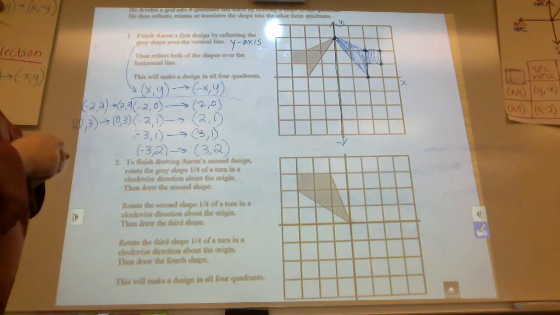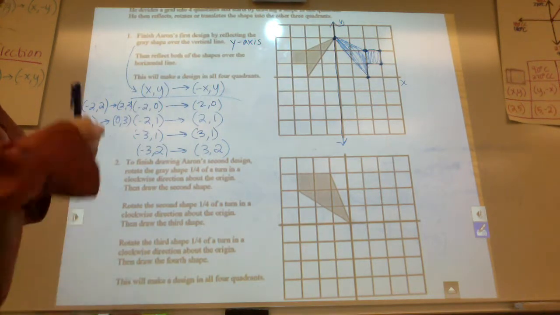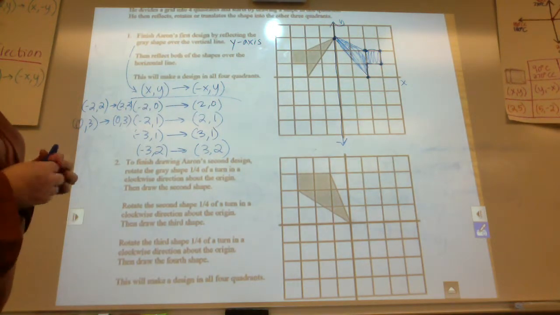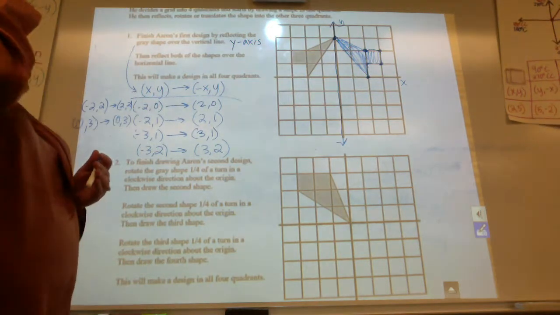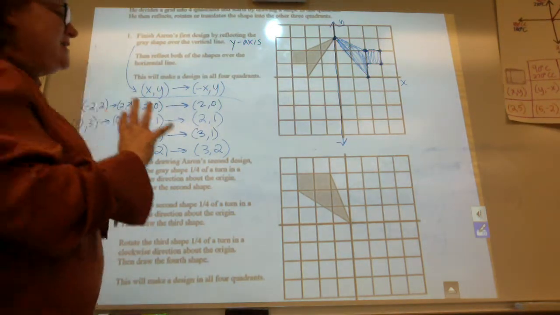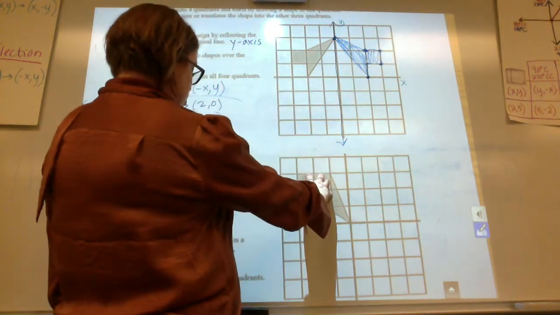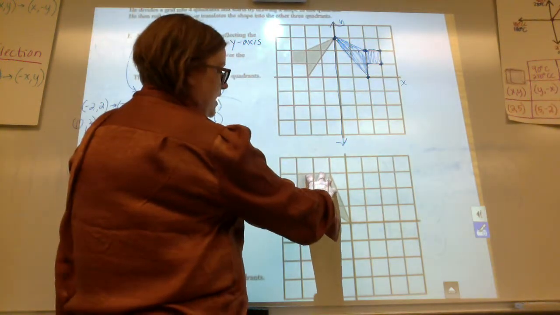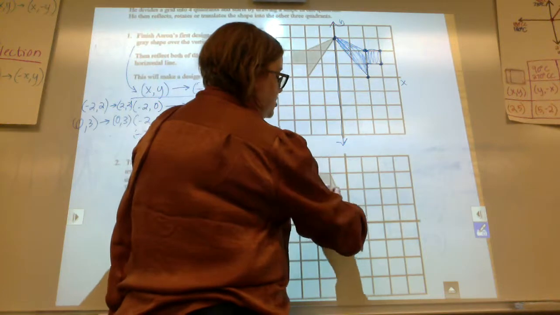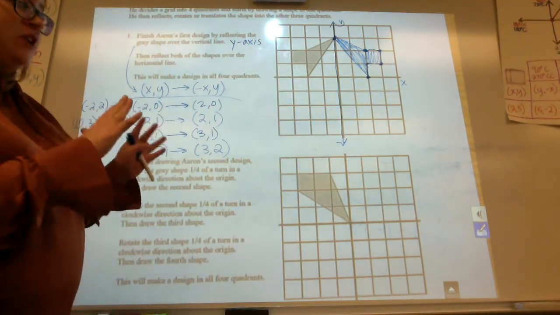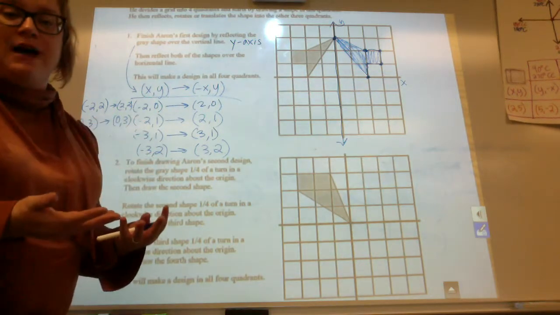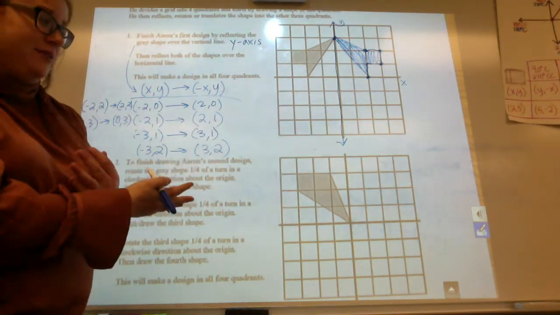So it says in this problem, to finish Aaron's second design, I have to rotate the shape a quarter turn. So while my mind can picture this turning in the clockwise direction and ending up in quadrant 1, I'm drawn naturally to things that are symmetrical, both in nature and in math.